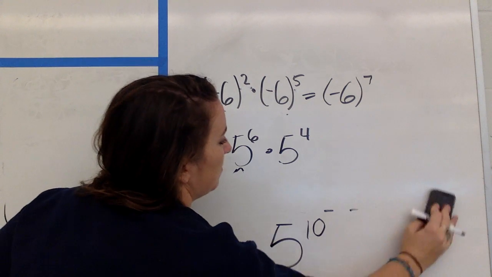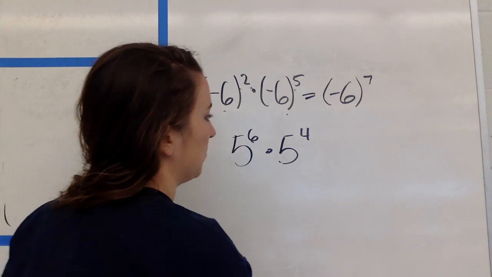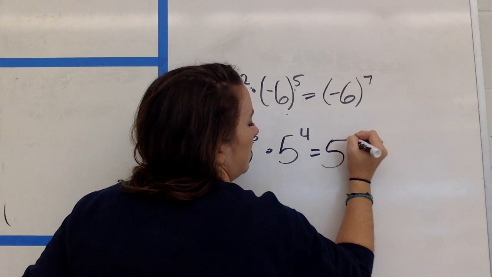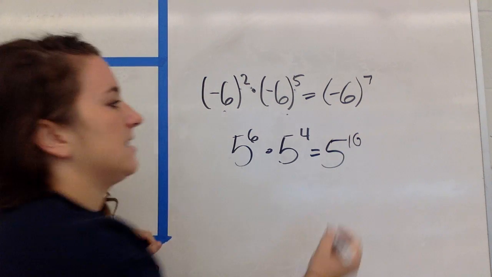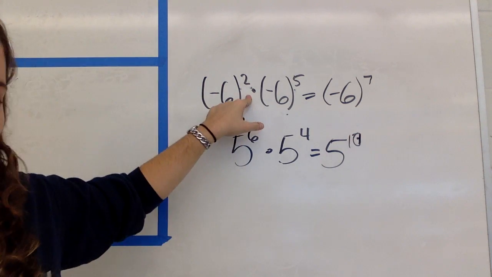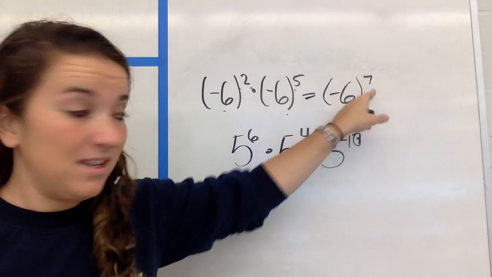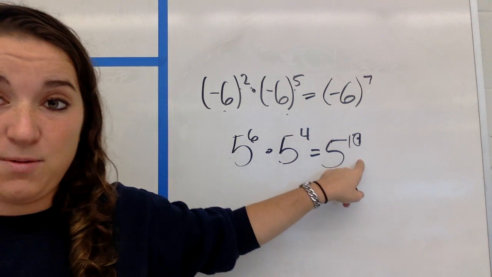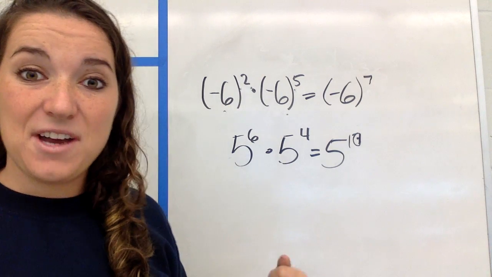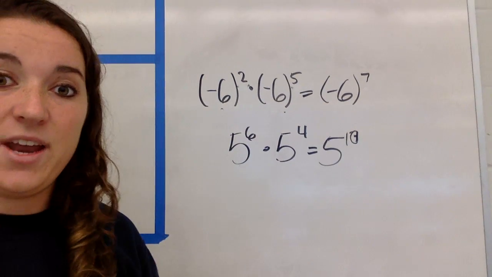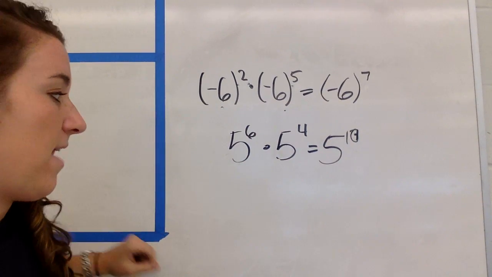All right, so now I'm going to use these two problems to write my rule. Here, I have two -6s and 5 -6s. I ended up with 7. Here I had 6 and 4 and ended up with 10. So I need to add my exponents in order to simplify.